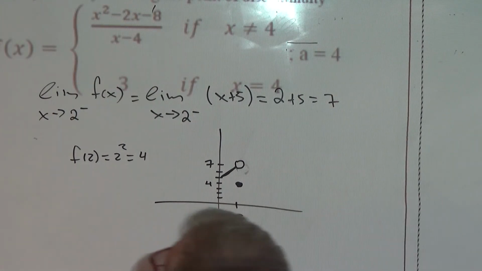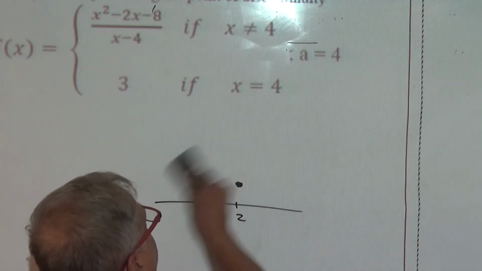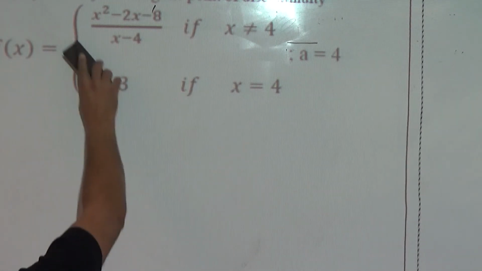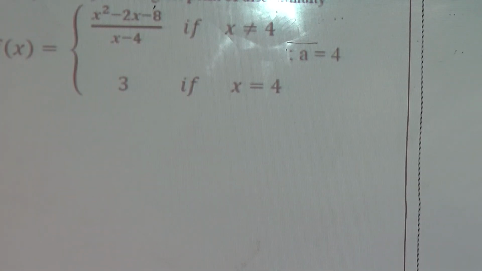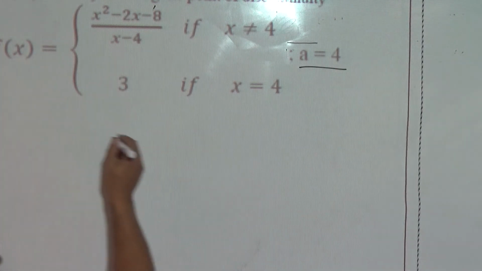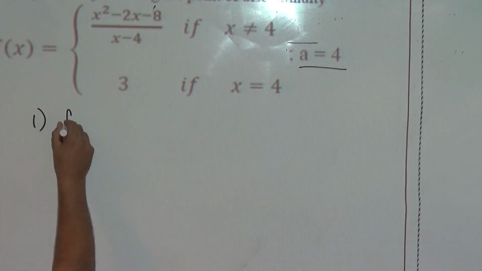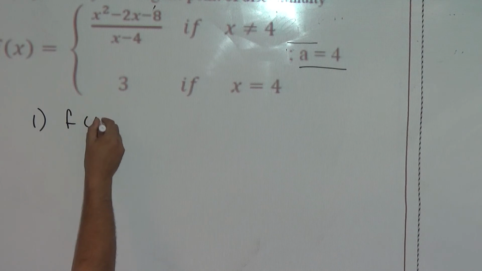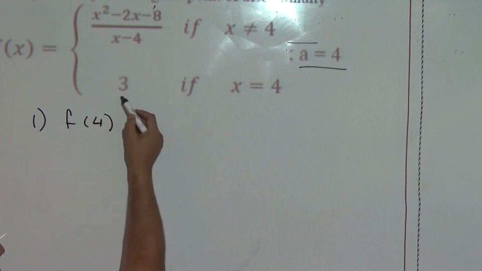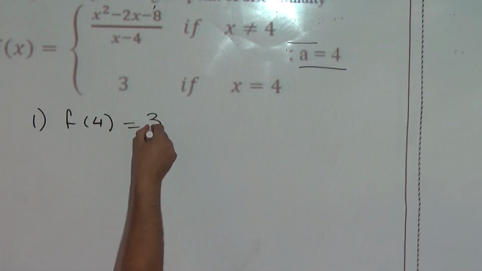So in continuity, you have to remember to use the definition, okay? And here we're looking at a equals 4. So first I have to check f of 4, and by the piecewise it's equal to 3.